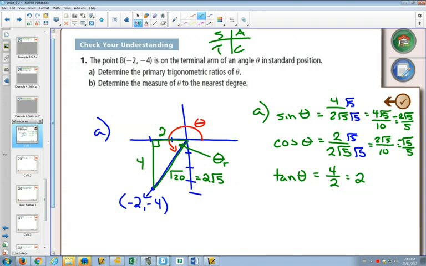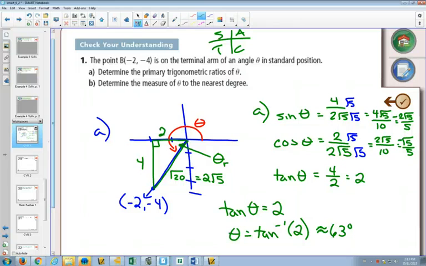So I would probably use that one. I would say tan of theta equals 2. So theta is going to equal tan inverse of 2. Go to my calculator. Tan inverse of 2 comes out to 63.4. It's to the nearest degree. So that's roughly 63 degrees.